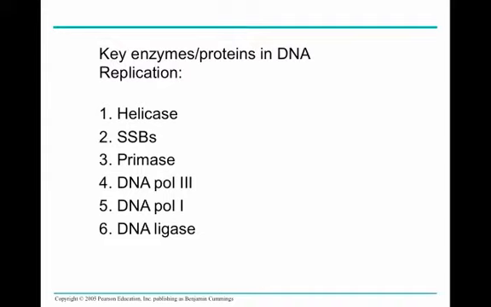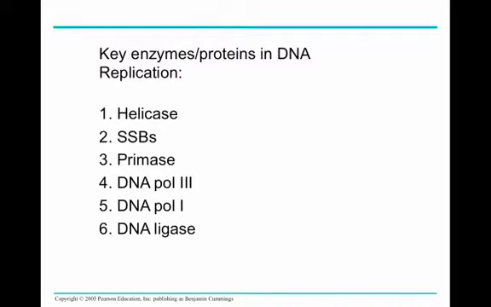So the key enzymes and proteins involved in this replication process are listed here in the relative order that they come into play. And it's important for you to understand not only the order that they act in DNA replication, but also their purpose. So we have our helicase, and that is going to unwind the helix and separate the nitrogenous bases so that we can bring in these new nucleotides.